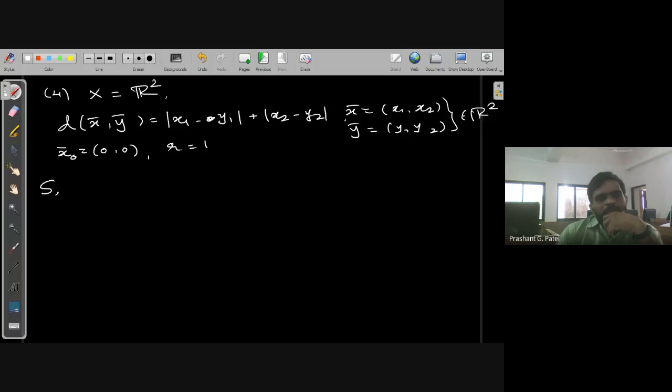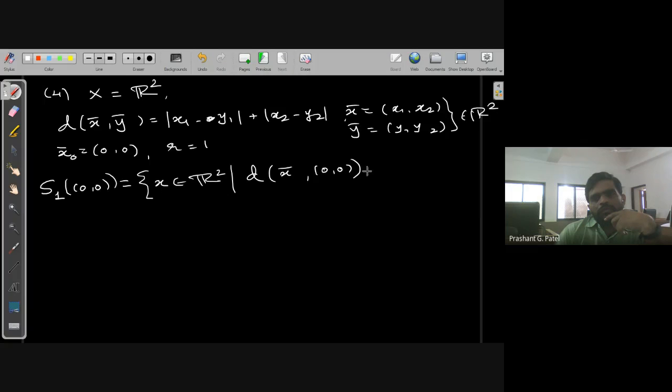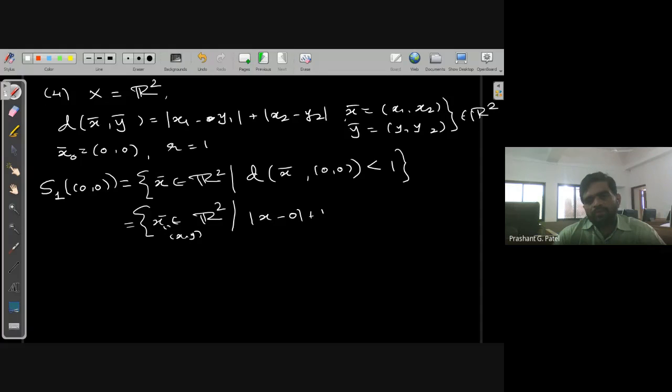So what is S1 of 0 0, or I can say what will be the open sphere at center 0 0, radius 1? As per the definition, all x belonging to R square such that the distance between x bar and 0 0 is less than 1. Let's say x bar will be xy, then it is mode of x minus 0 plus mode of y minus 0 less than 1.